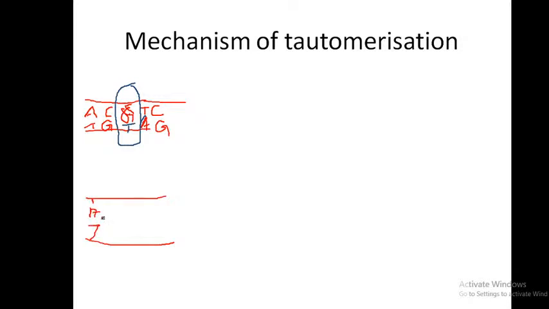A, T, C, G, A, and C, G. These were the two daughter strands which were formed as a result of the DNA replication, which we have written in the previous slide.